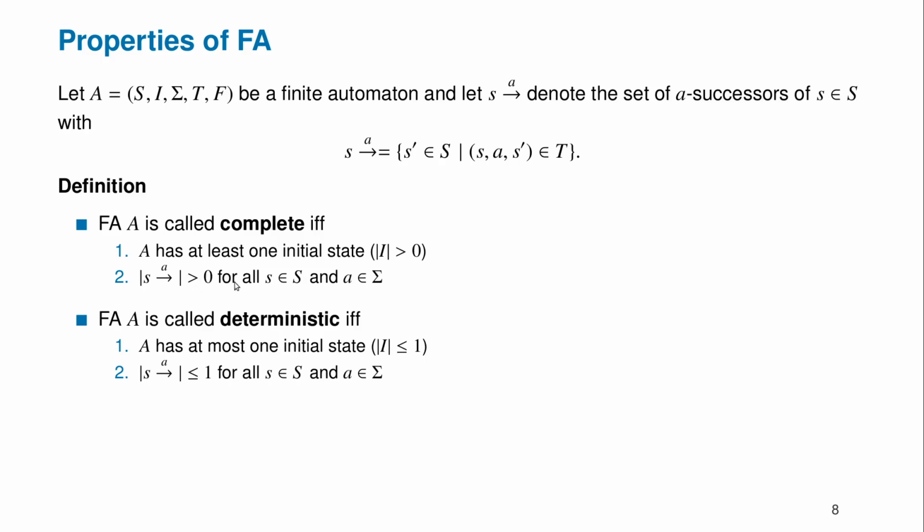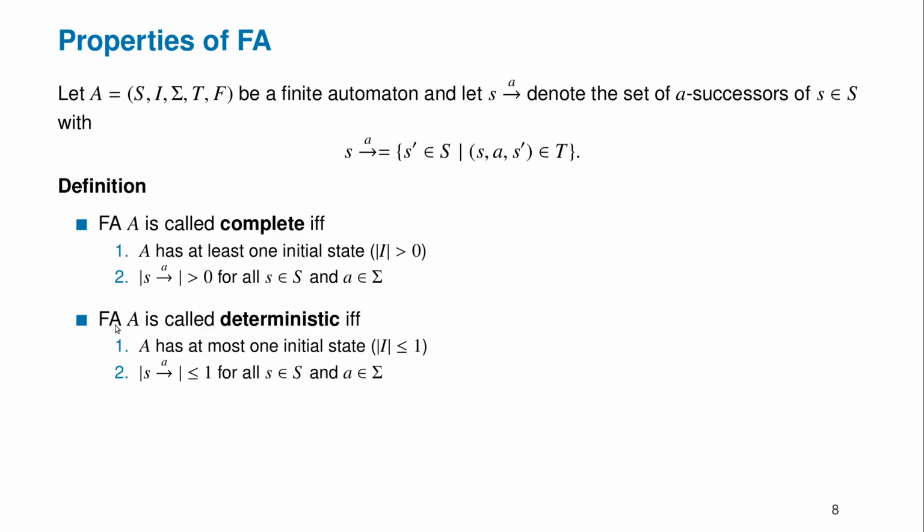This means that for each element of the alphabet, each state has an outgoing edge with this symbol from the alphabet. So it cannot happen that we are in a current state S and there is no outgoing edge labeled with a symbol from the alphabet.